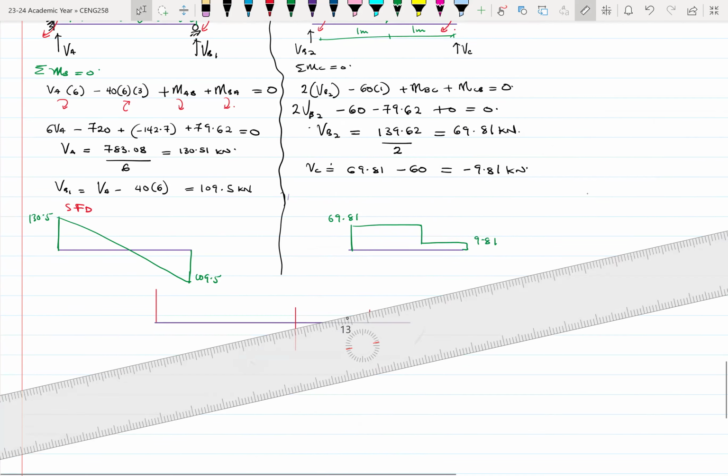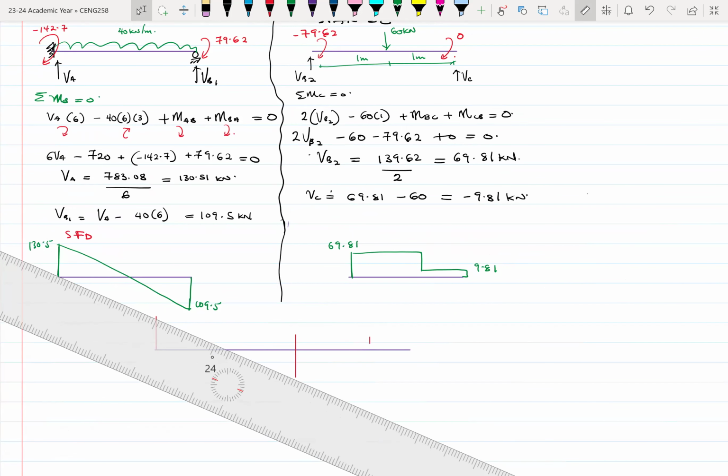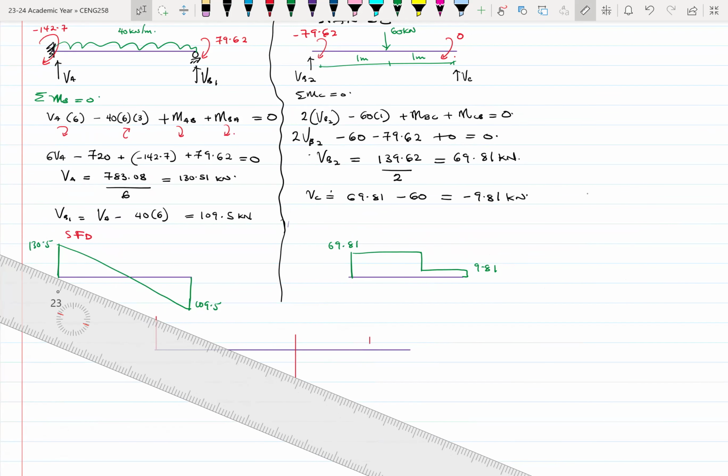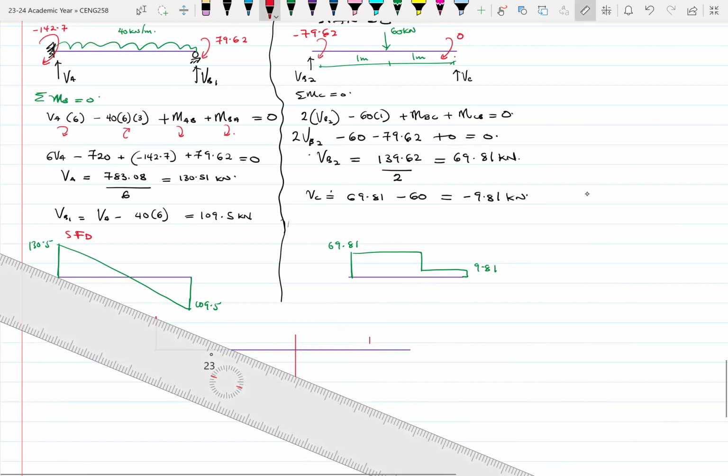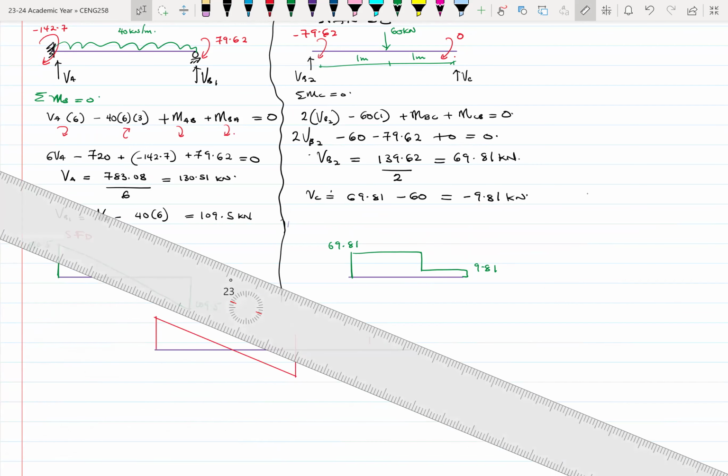So let me make sense of what I'm doing. The shear force diagrams are typically much more straightforward to draw, I believe, as compared to the bending moment.